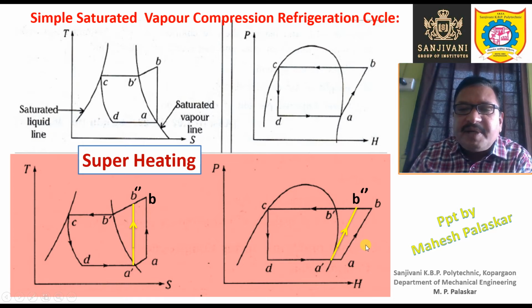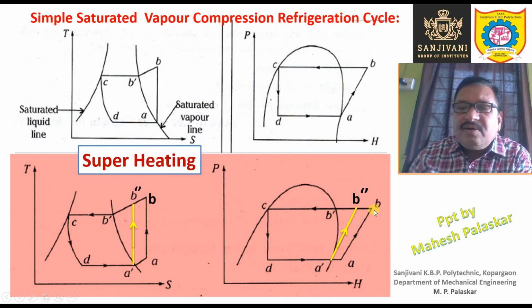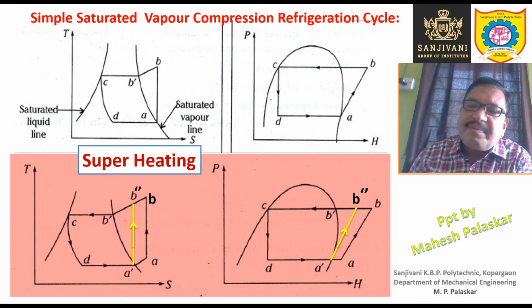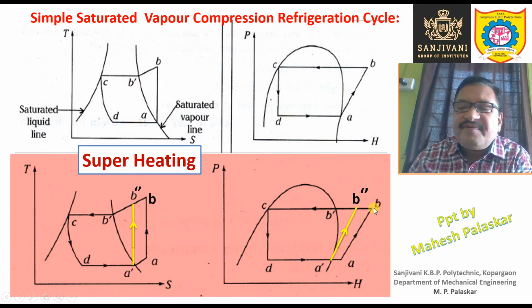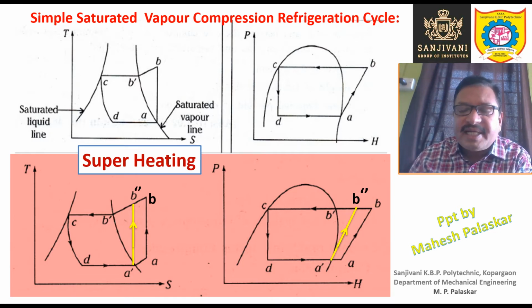So instead of the compression process being A dash A B double dash, the compression process is AB. So the condition of the refrigerant after compression will be at B instead of B double dash, right? It will be further superheated at the end of compression, because before compression itself it is superheated.